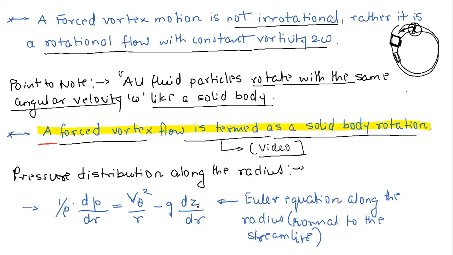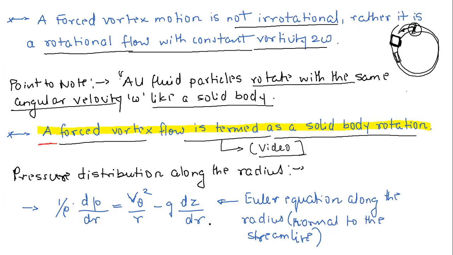Either you derive it through the Euler equation of motion, or you simply use the energy equation. The Euler equation of motion along the radius is given by 1 by rho dp by dr is equal to v theta square by r minus g dz by dr.